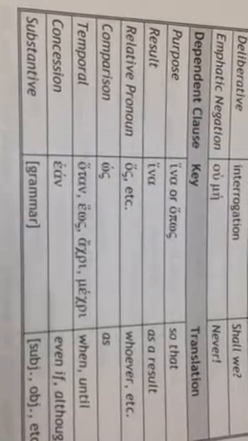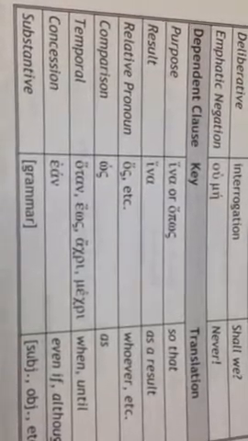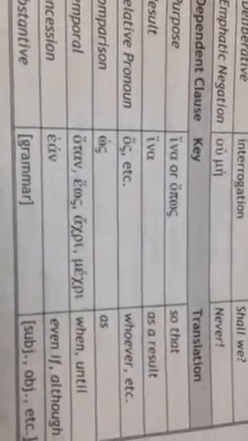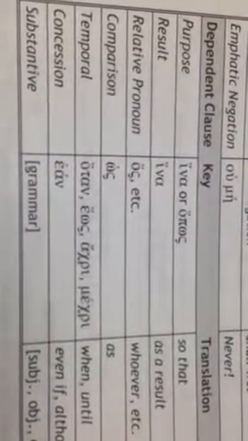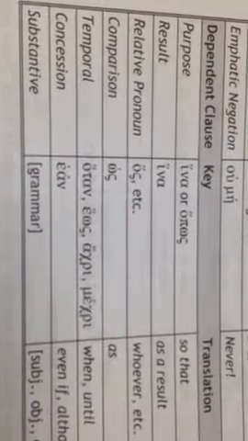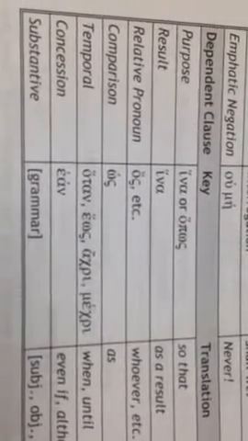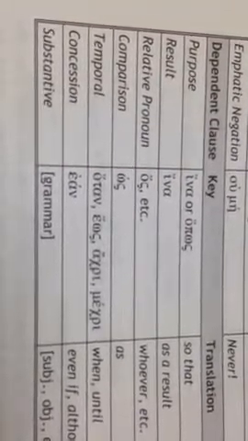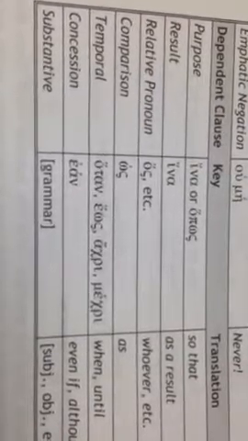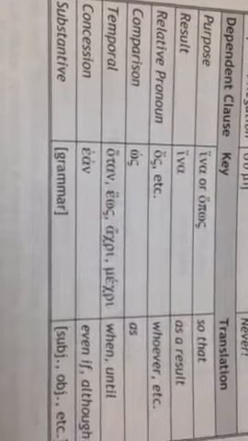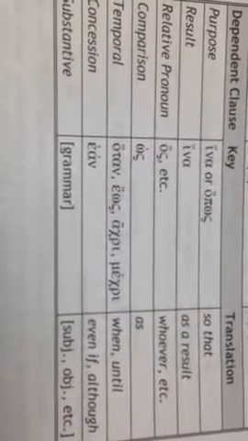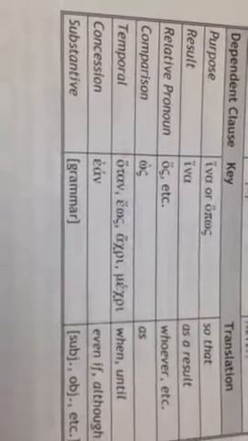Sometimes you see a relative pronoun being used in the vicinity of the subjunctive, whoever. Comparison, that's more when you use it as an adjective, so you give a comparative kind of feel by translating it as. Temporal is when you have a time indicator, when, then, until. Concession, so this idea of if this, then that.